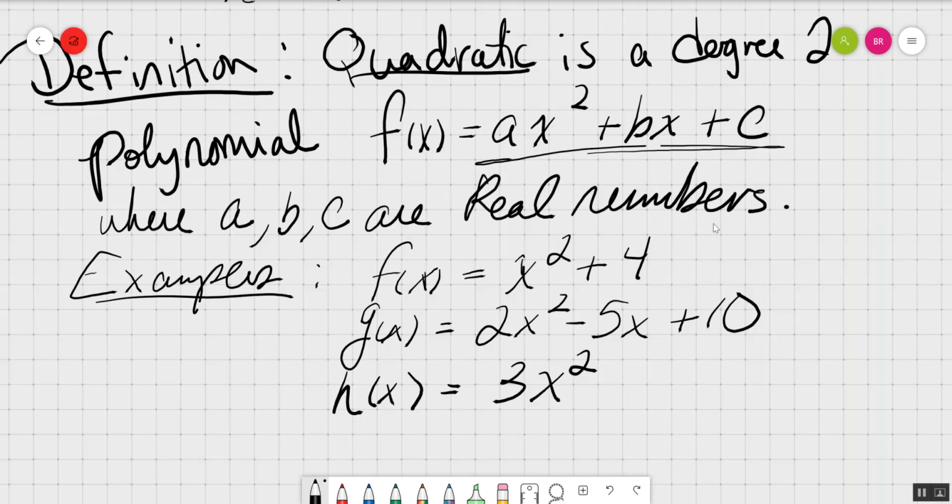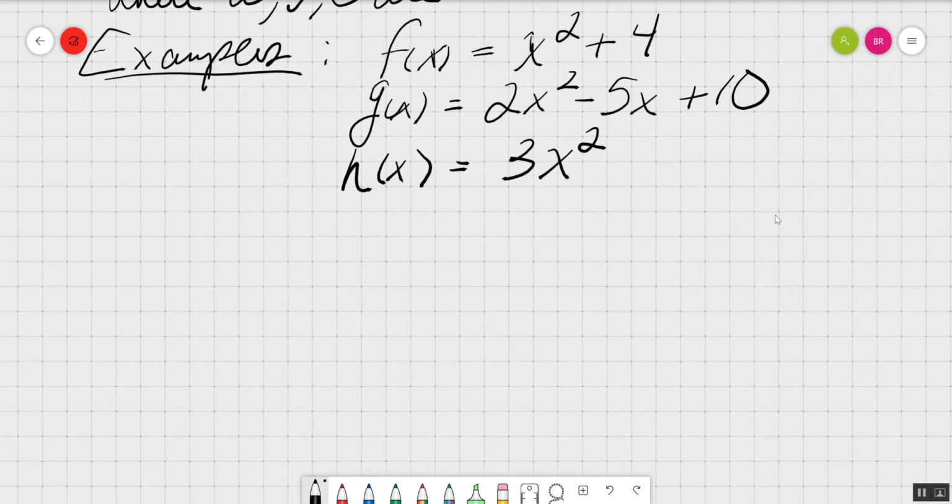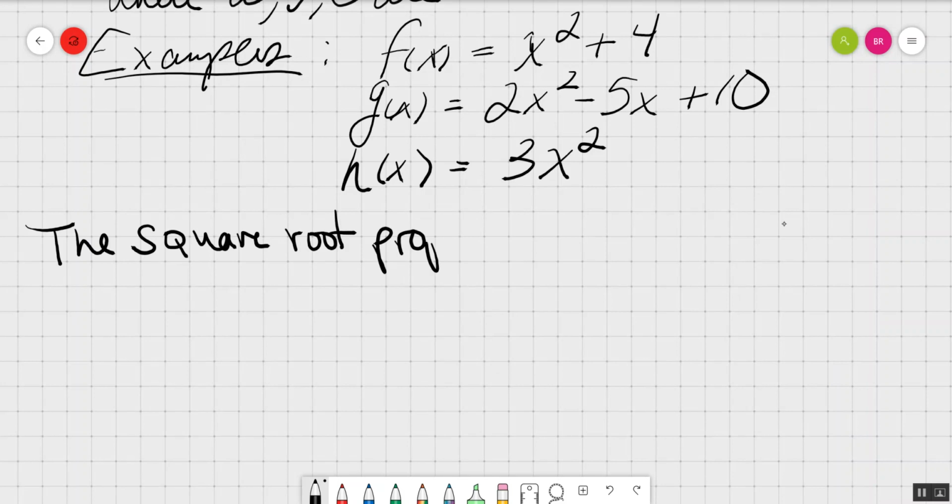Okay, so let me tell you about the square root property. Because this is what we're going to use. I did use this one a little bit in chapter 7 ahead of time.